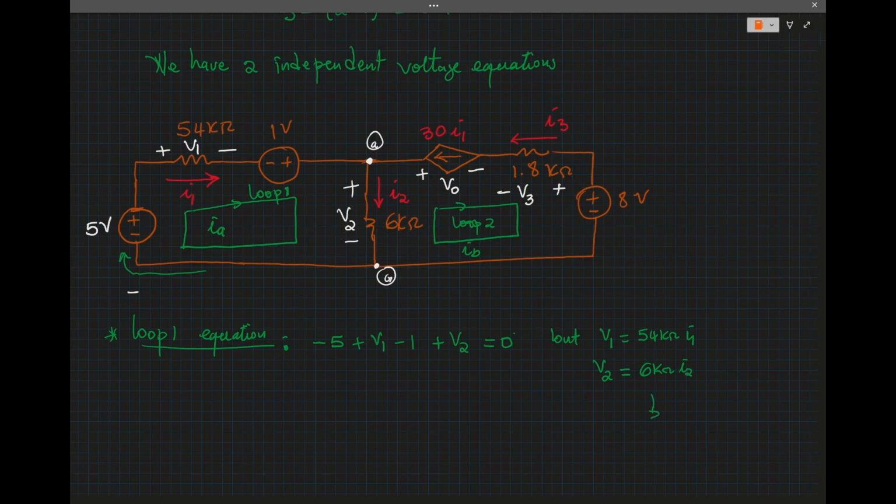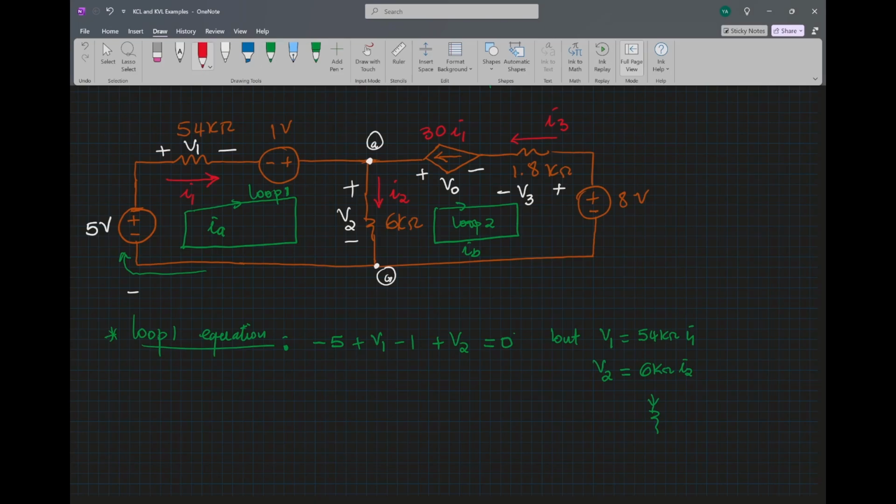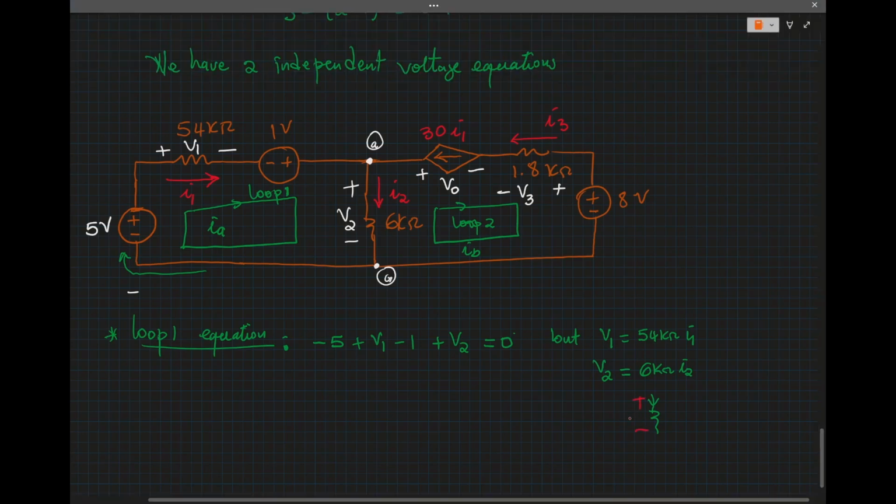Okay, but when you look at the 6K ohm, we label the polarity as this. So the current IA is flowing down, and the current IB, so let me use a different color.